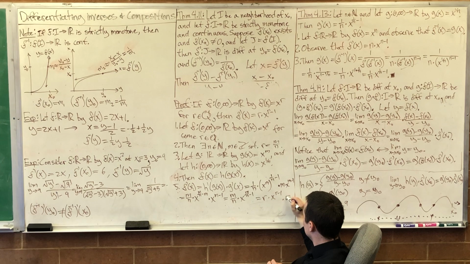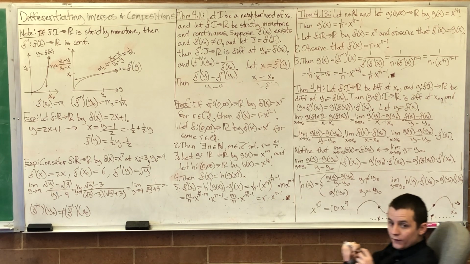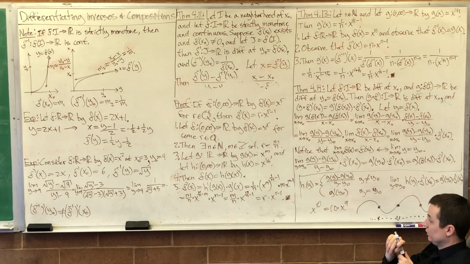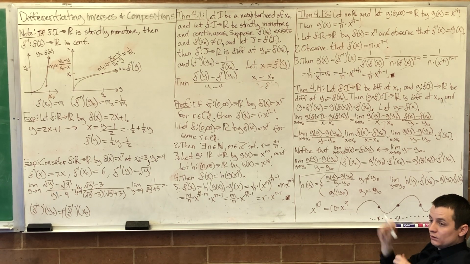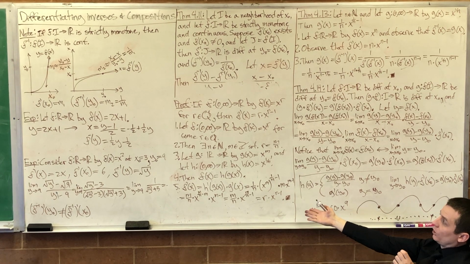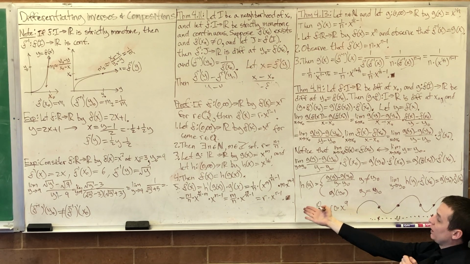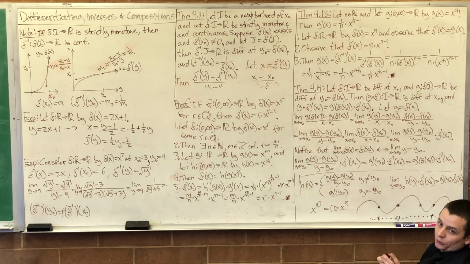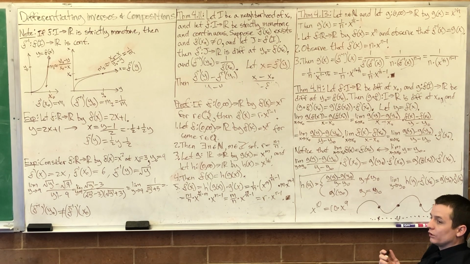And we're done. Any questions? And this is what we now call the power rule, because this handles all cases. Well, all rational cases. We didn't prove it for real numbers, just rationals.